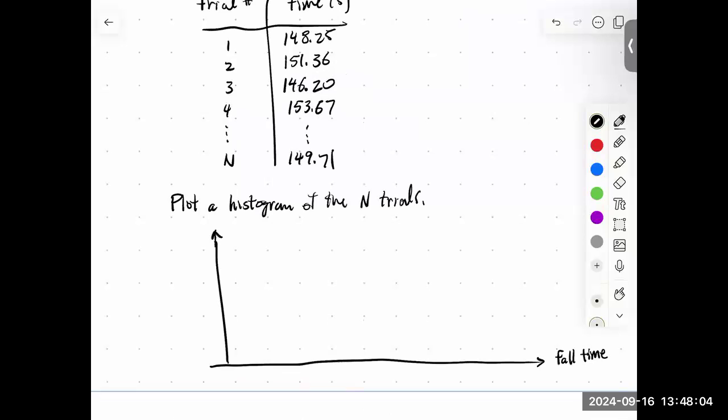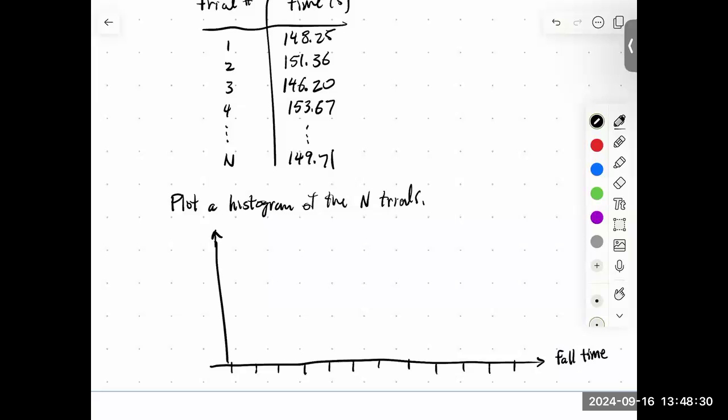And then we're going to break that fall time into bins. There'll be one bin that's this wide, and then beside it, we'll have all these different bins. Maybe the bin width is like half a second. So the first bin might correspond to, I don't know, 148 to 148.5.